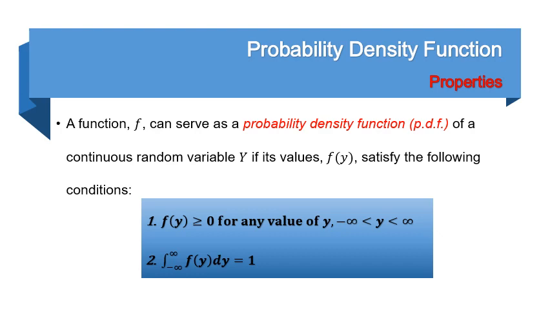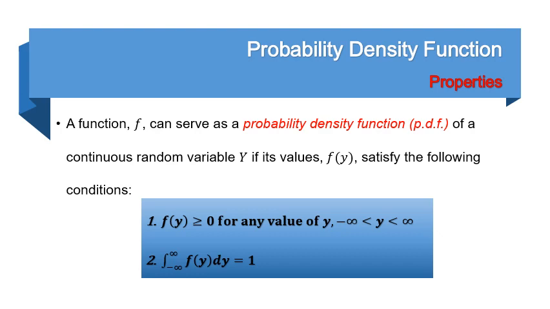The first one is that the density function, the function itself, is above the horizontal line, so it's positive, or at minimum it will be zero. It cannot cross the horizontal line. It has to be always positive for all values of y, or at least zero.